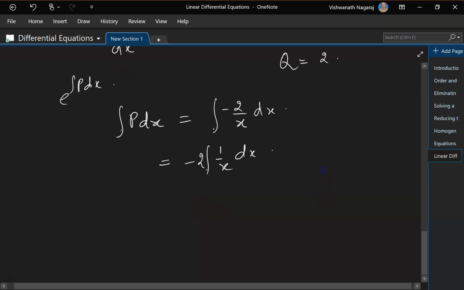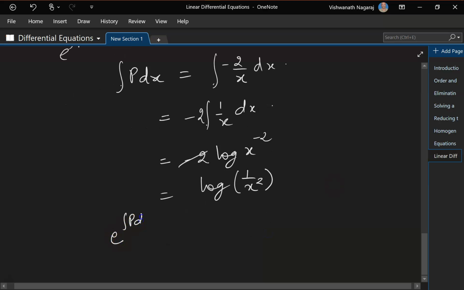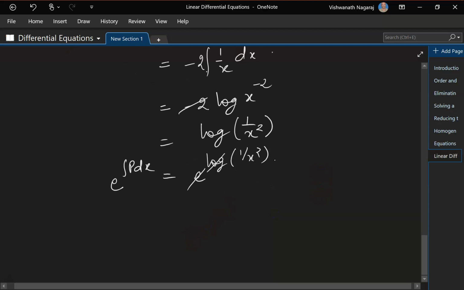So this is nothing but minus 2 log x, and the minus 2 can be taken up, so this becomes log of 1 by x square. Now e to the power of integral of p dx is equal to e to the power of log of 1 by x square. So this log and e get cancelled. So the integrating factor becomes 1 by x square.